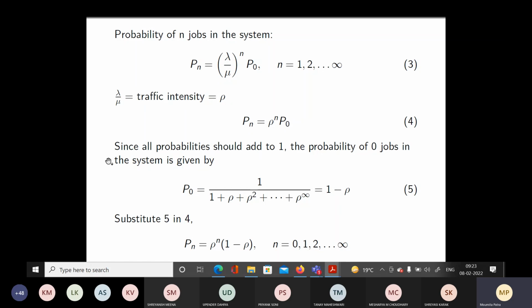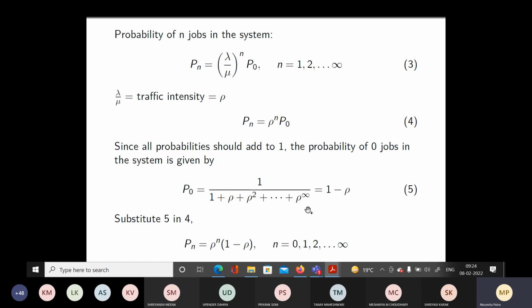Now since all the probabilities must add to 1, the probability of 0 jobs in the system is given by P0 equals 1 upon (1 + ρ + ρ² + ... + ρ^∞). We know this from Taylor series expansion, and we did yesterday how we got this.